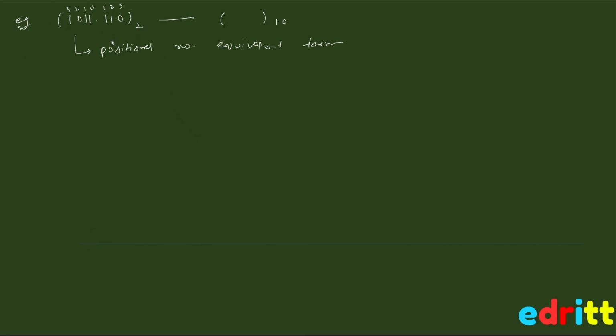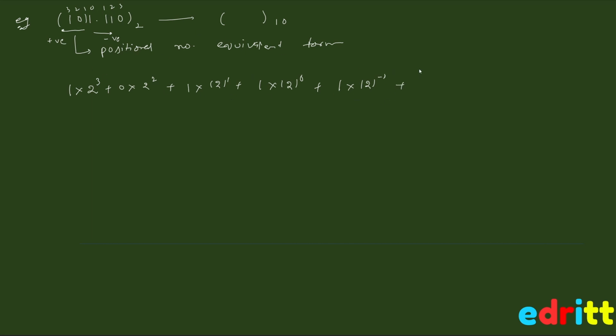Now look over here and see this 1 will be multiplied by 2 to the power 3. This 0 will be multiplied by 2 to the power 2, plus this 1 will be multiplied by 2 to the power 1, plus this least significant bit will be multiplied by 2 to the power 0, and then this. Now what is the position of this 1, before or after the decimal? This is after the decimal, so it will be 1 multiplied by 2 to the power minus 1. So post the point the powers will be negative and pre the point they will be positive.